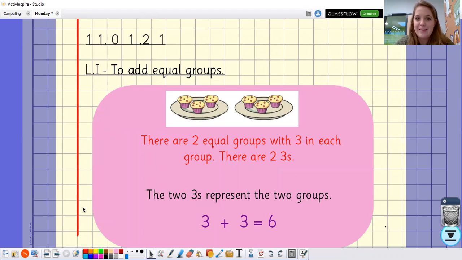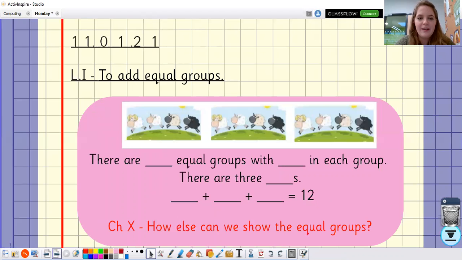Let's have another go at another example. Okay, this time we have some sheep. Now you can see your groups and you can see the number of sheep in each group. So this time I want you to complete the sentence and complete the number sentence. So there are blank equal groups with blank in each group.